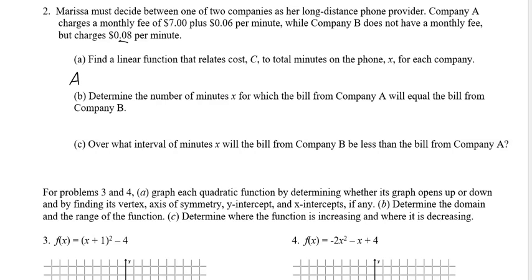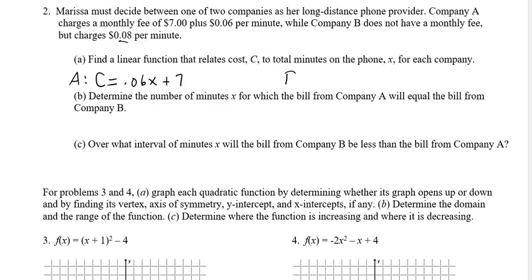So for company A, cost is going to be the 6 cents per minute, and I'll just let x represent the number of minutes. And then we've got this monthly fee of $7 that isn't dependent on how many minutes are used. So there's the linear equation for company A.